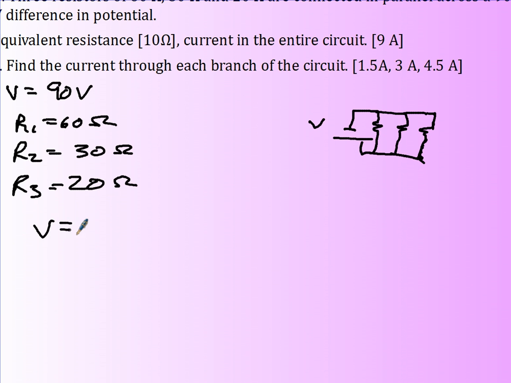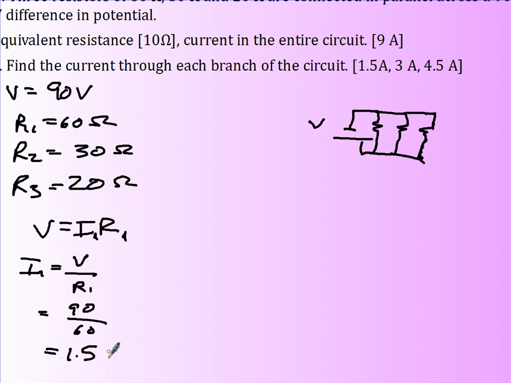I know V is IR. So the voltage across each one is going to be, say, I1, R1. So the current through the first resistor is going to be V divided by R1. So it's going to be 90 divided by 60, which is 1.5 amps.